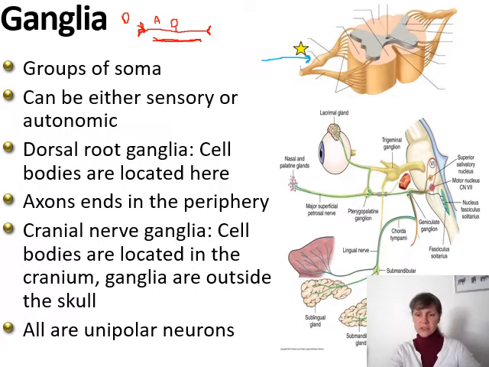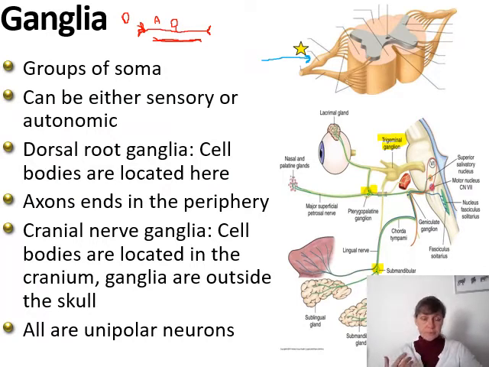And we can also see in this picture that there are other ganglia involved in the body. We have ganglia associated with cranial nerves. Here we have the trigeminal ganglion and the submandibular ganglion, the pterygopalatine ganglion. This is to say that there are ganglia located throughout the body.